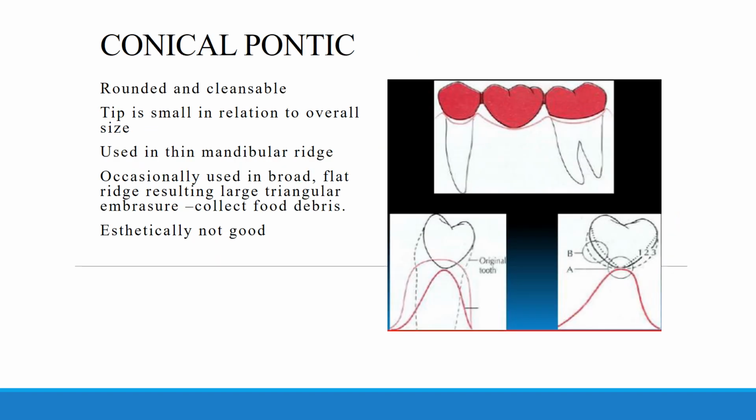Conical pontic: rounded, cleansable. Tip is small in relation to overall size, usually used for thin mandibular ridges, occasionally used in broad flat ridge, resulting in large triangular embrasure, collects food debris, aesthetically also not so good looking.